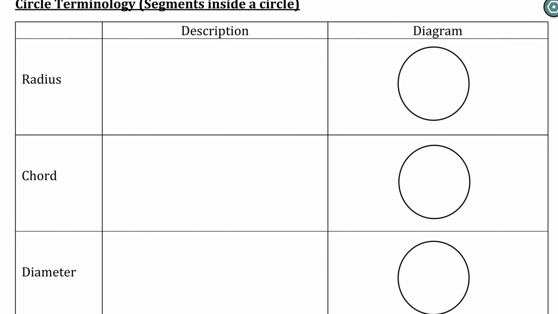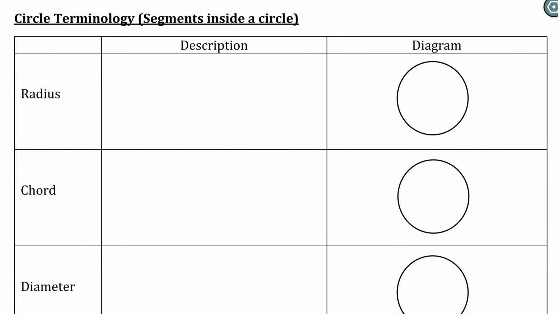So here's some vocabulary words. We'll start with radius. This one should be straightforward because we already know it. So the radius of a circle is the distance from a center to the outside of the circle. And we could draw that by making the center of the circle and then drawing a point to the outside.